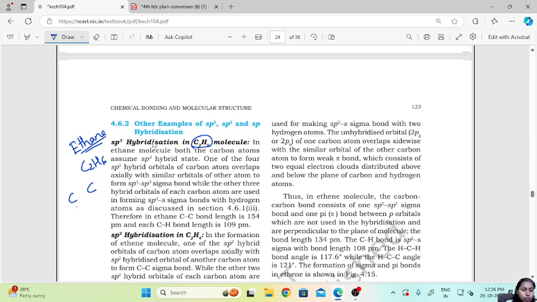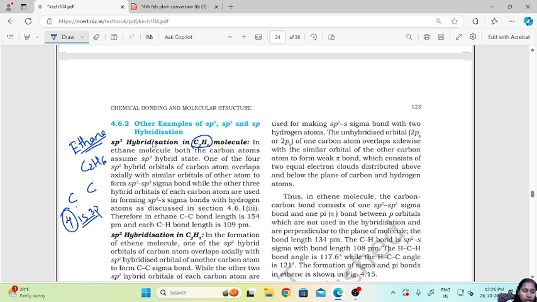Now one of the 4 sp3 hybrid orbitals of a carbon atom overlaps with a similar orbital of the other atom to form an sp3 sigma bond. So when both the carbons are sp3 hybrid, there are 4 orbitals which are hybridized, right? 1 s and 3 p orbitals.